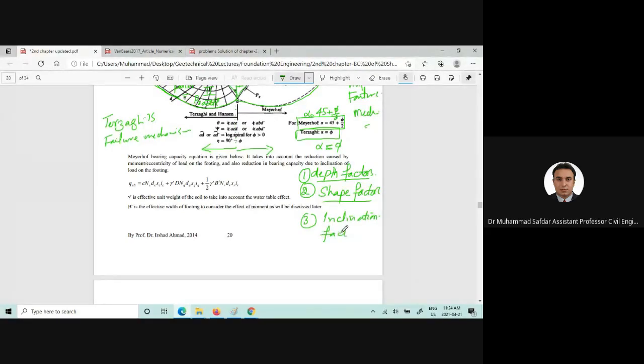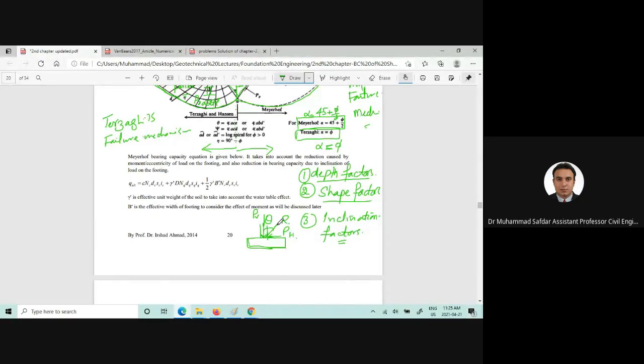Inclination factors. Now, the inclination factors mean that if vertical load is applied and horizontal load is applied onto the foundation, then there will be a resultant acting at a certain angle theta. This will be the resultant, this would be the vertical load, and this one would be the horizontal load.